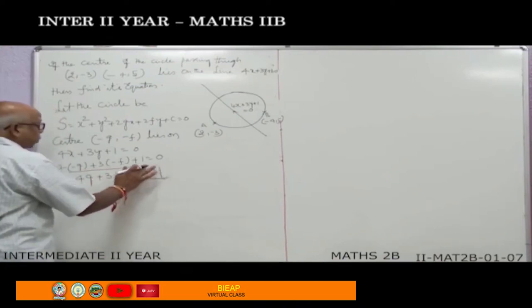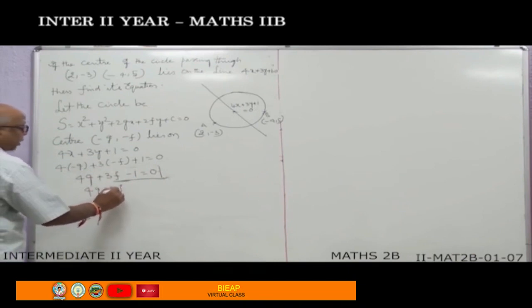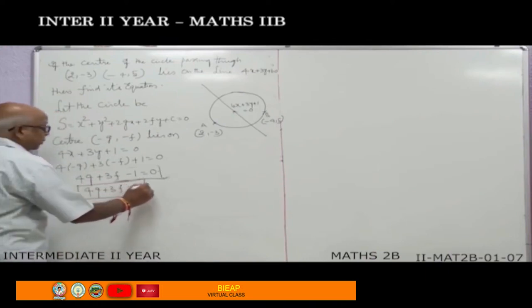From this we can write 4g plus 3f equal to 1. That is equation number 1.